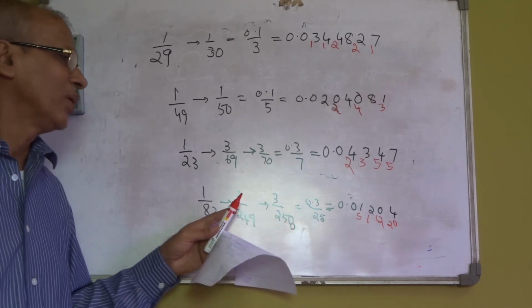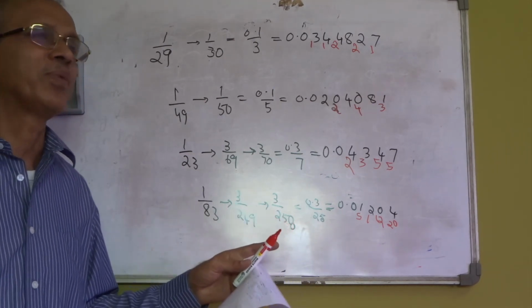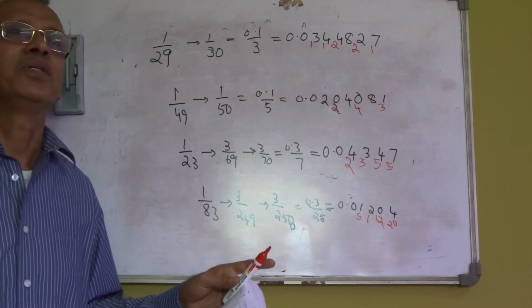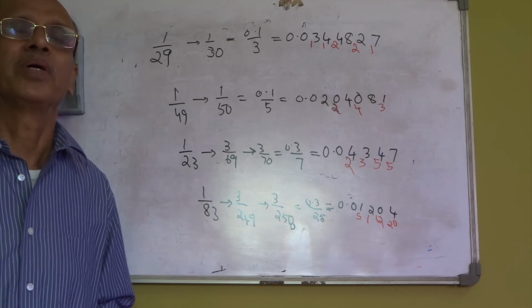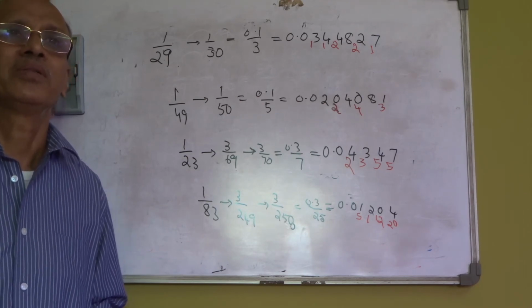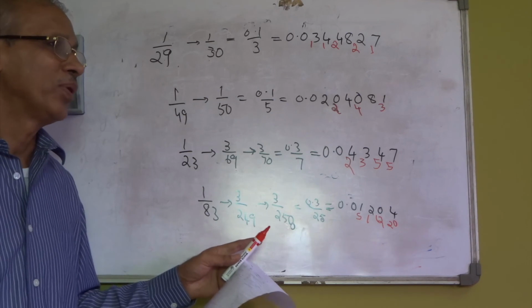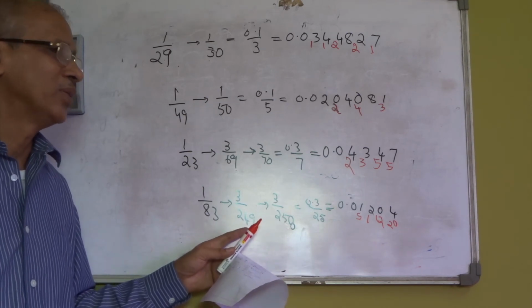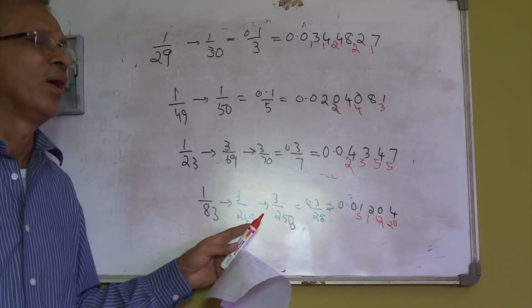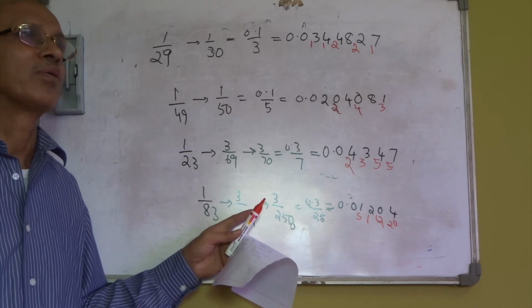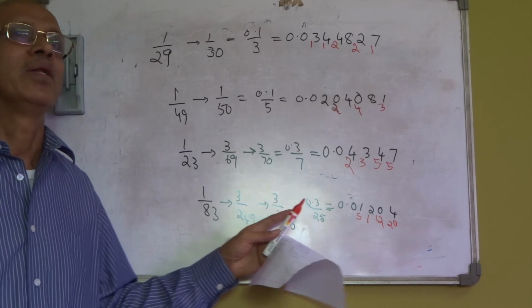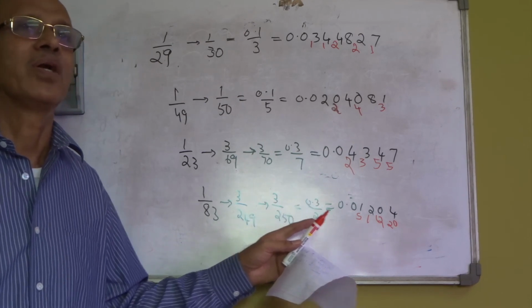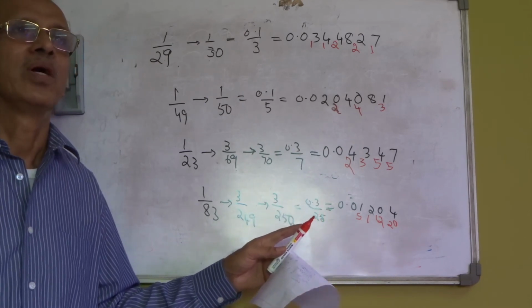If the number is not ending with 9, we can still make it applicable by changing the denominator to a number ending with 9 by multiplying by 7, 3, whatever it is, depending upon the number in the denominator. The same number is multiplied to the numerator also, and then the system is adopted and you get the answer.